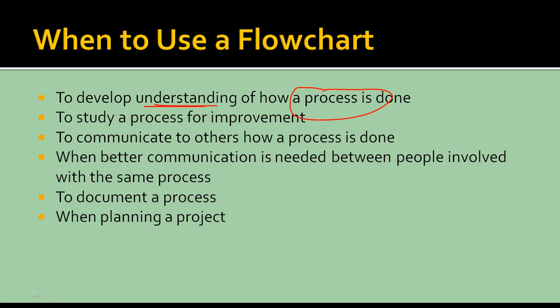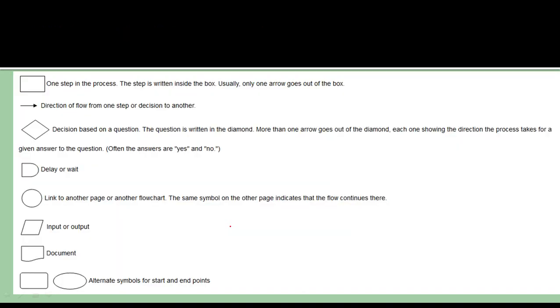Then there is the study of process improvement. If you need to implement a process, it can be shown by flowcharts also. Then to communicate to others how the process is done, to document the process, and when we are planning a project, you need to use your flowchart.